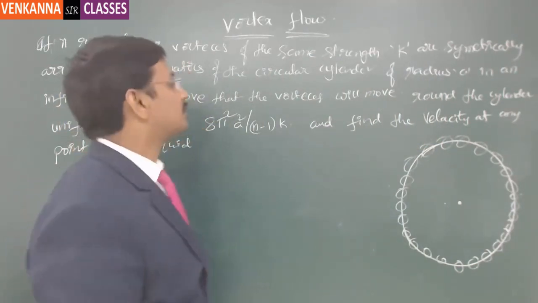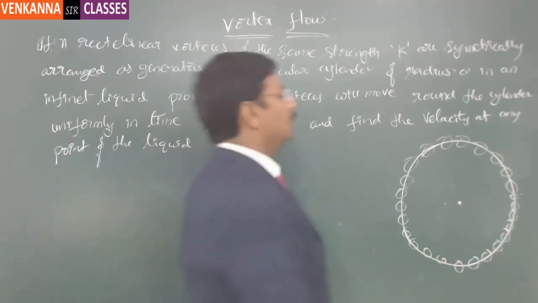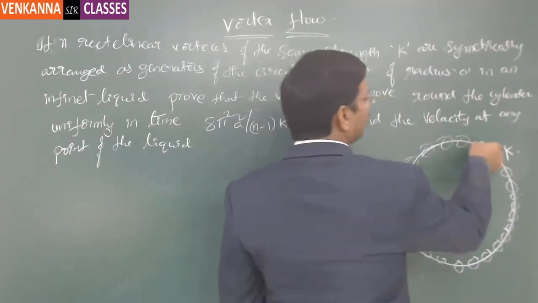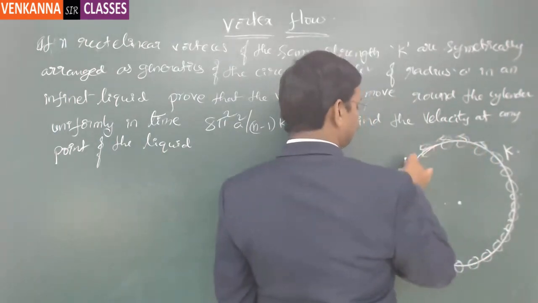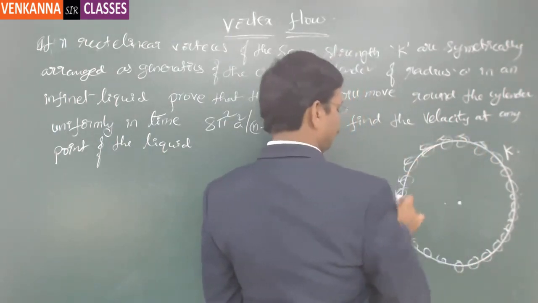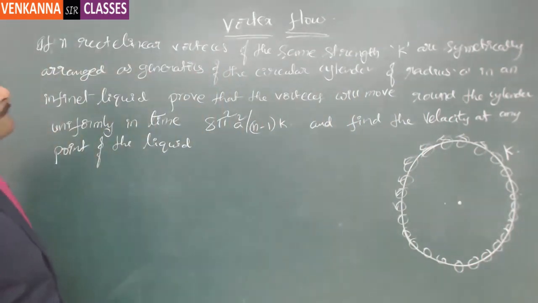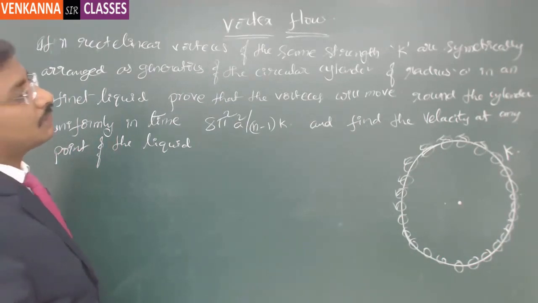Let us say each has strength of magnitude k. Now all are having the same kind of rotation like this. Got it? So same strength k, all symmetrically arranged as generators of the cylinder of radius a.